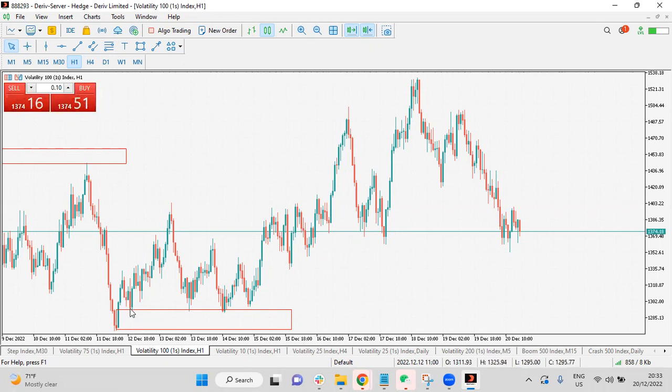Now this one did not engulf. The wick of the red candle is still not covered, but it took two candles to engulf this candle. So I advise that it's either engulfed by one candle or maximum two.